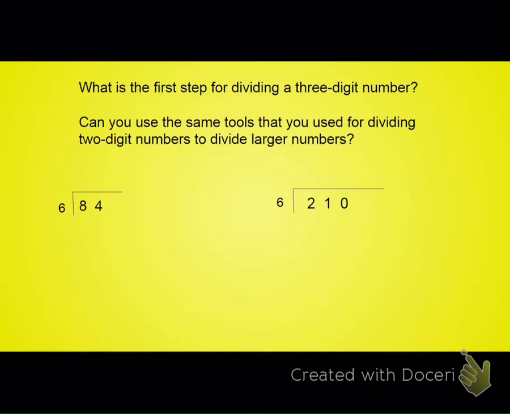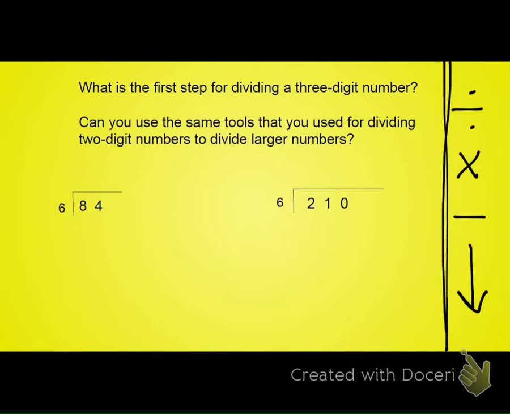In both cases, we use the same steps that I've been harping on since the very beginning. We divide, then we multiply, then we subtract, and then we bring down the next number. Those steps apply no matter what the division looks like, whether we have a 2-digit, a 3-digit, or like we're going to have today, a 4-digit.